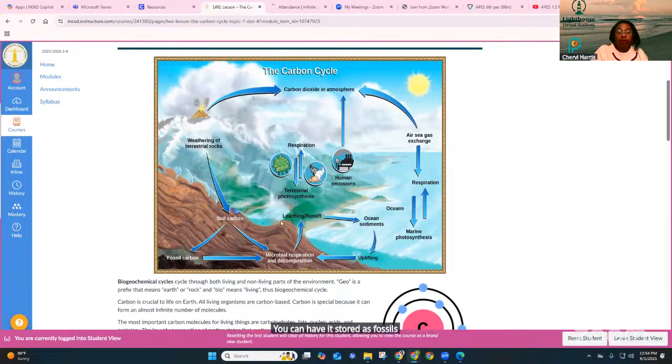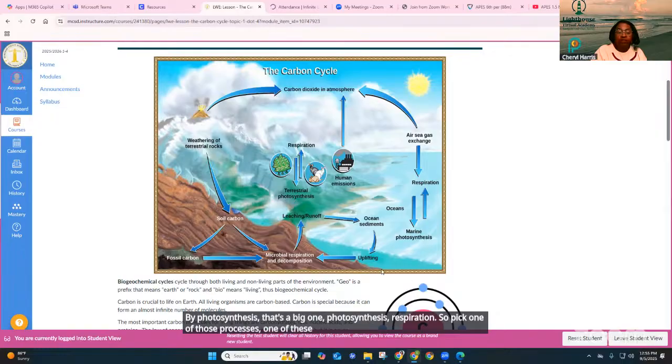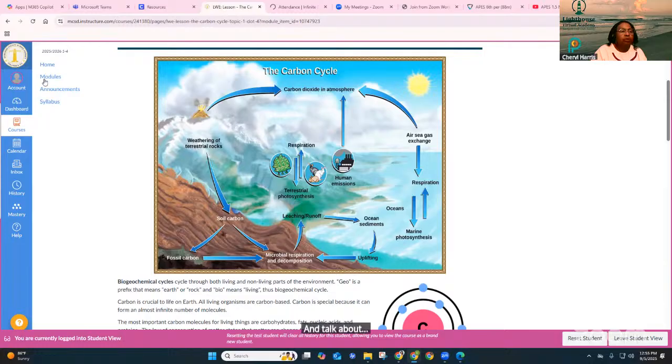You can have it leaving as leaching runoff. You can have it by photosynthesis. That's a big one, photosynthesis, respiration. So pick one of those processes, one of these stages in this cycle, and talk about it. So let me go back to the question.